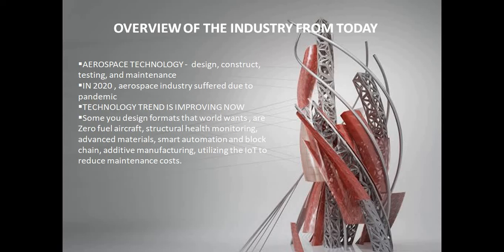For example, take an airport where our aircraft are parked. If the maintenance cost is reduced and the maintenance of the aircraft is done in less time, you can expect an earlier takeoff of the aircraft, so that you can reduce the delay and passengers can reach their destinations easily and in the minimum amount of time. So this is how we can make things possible.